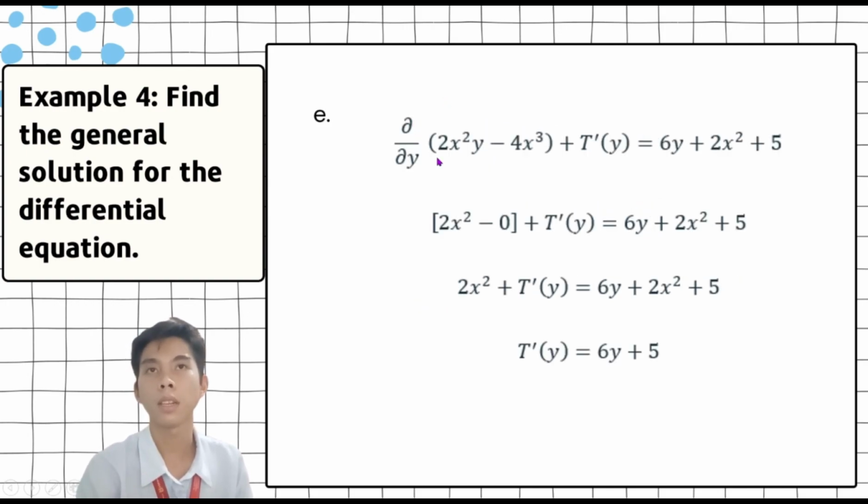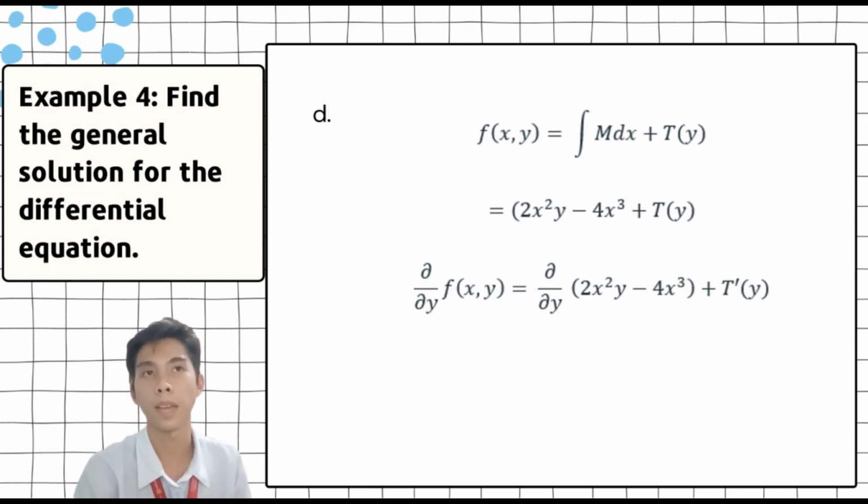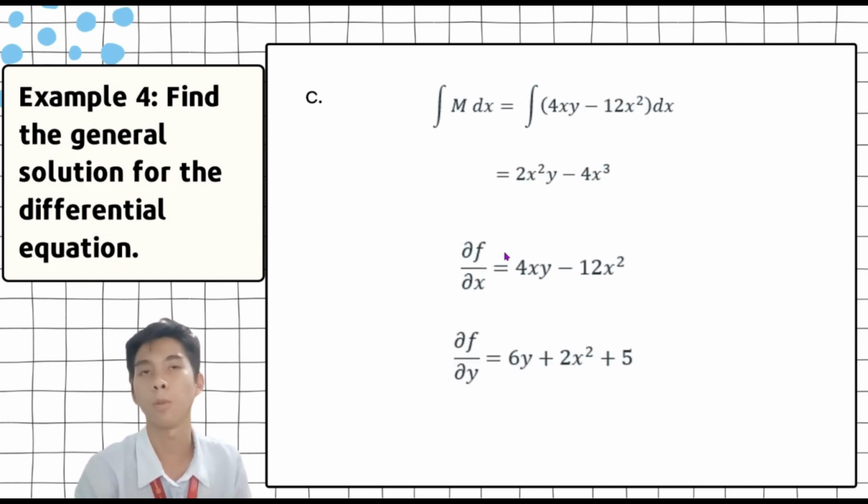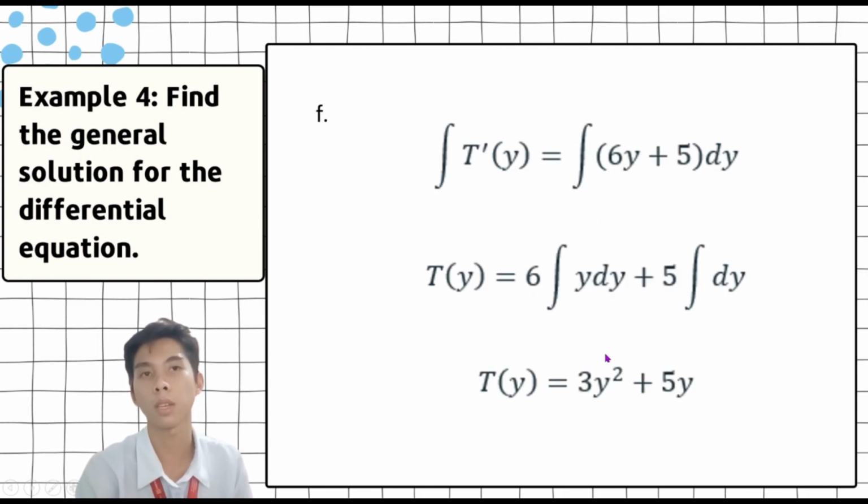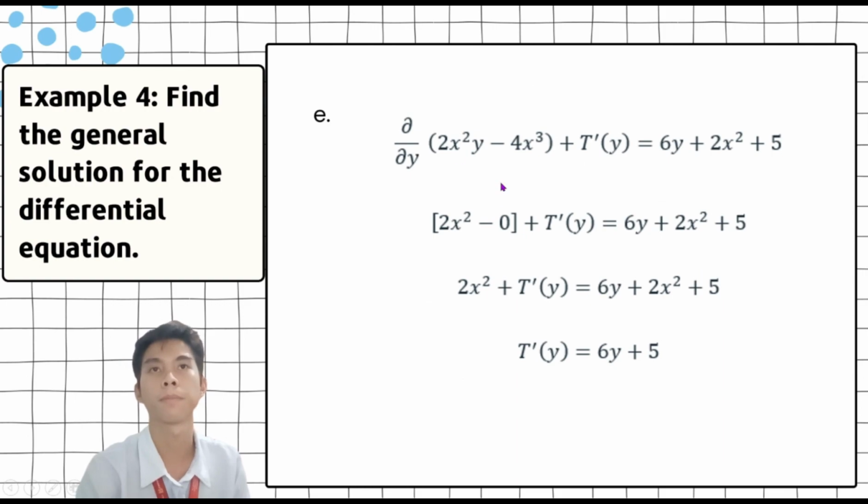So the partial derivative of this equation with respect to y, plus t prime of y, equals the partial derivative of f with respect to y, which is equal to 6y plus 2x squared plus 5.